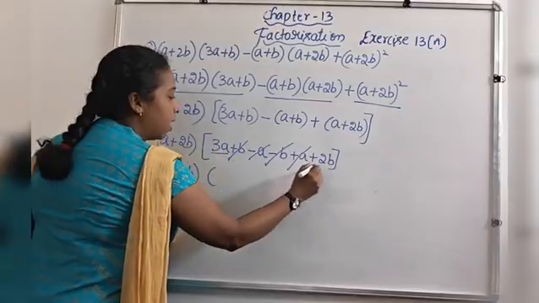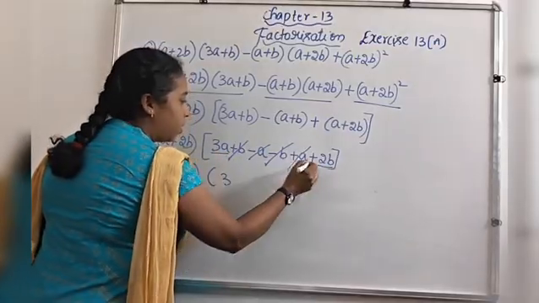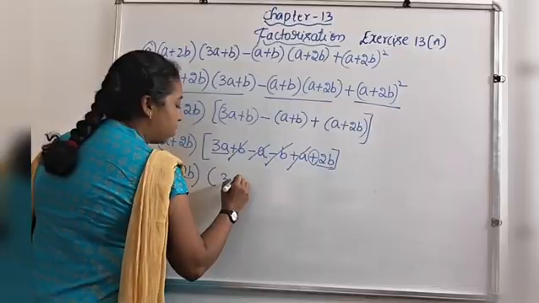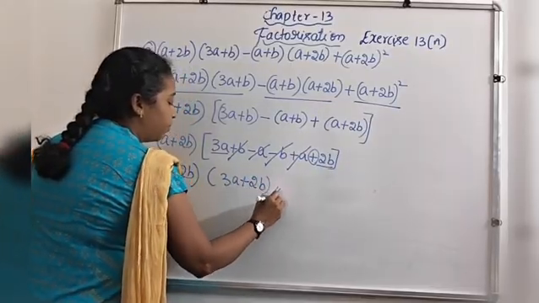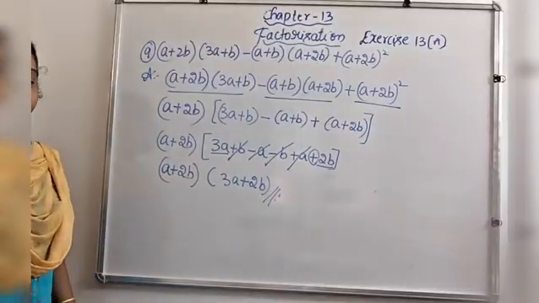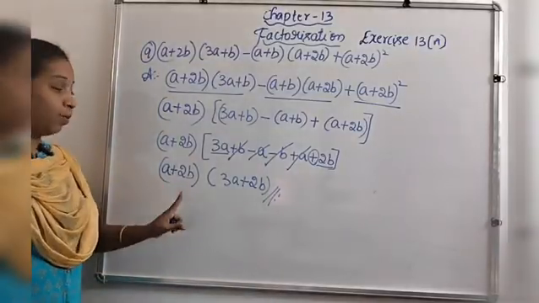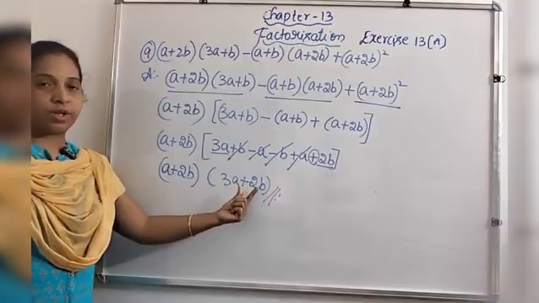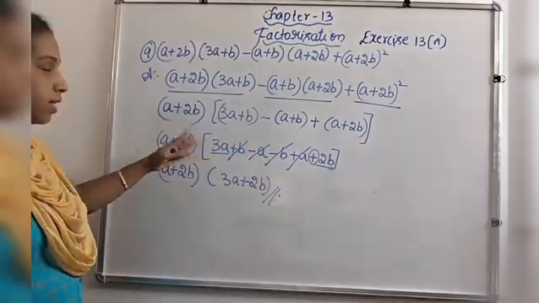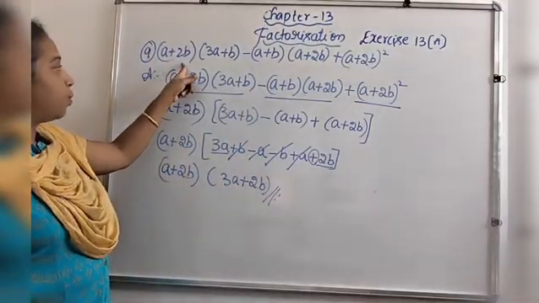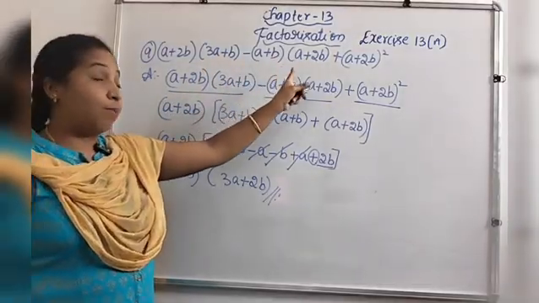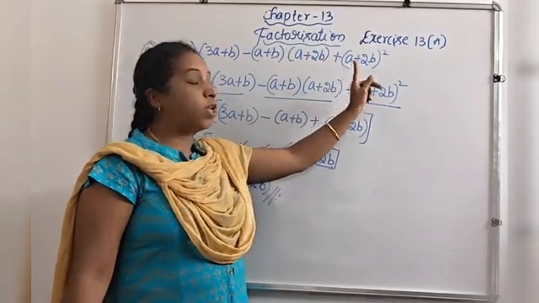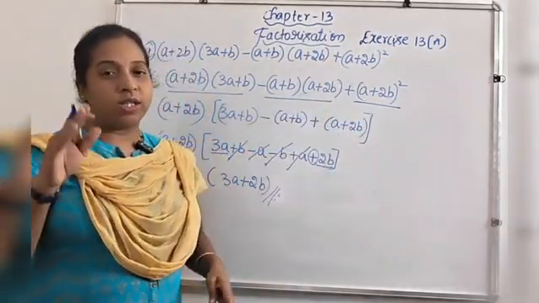Then remaining is 3a, 2b in between the plus sign. So 3a plus 2b. So a plus 2b into 3a plus 2b are the factors of a plus 2b into 3a plus b minus a plus b into a plus 2b plus a plus 2b all square.